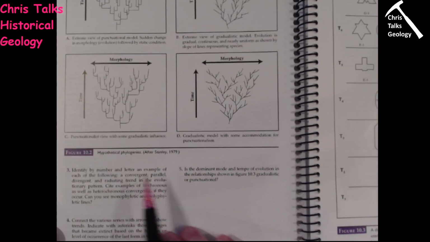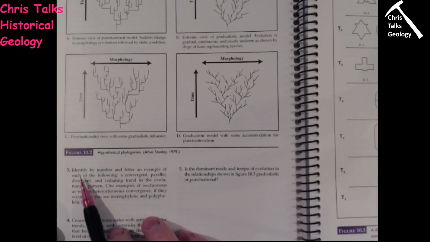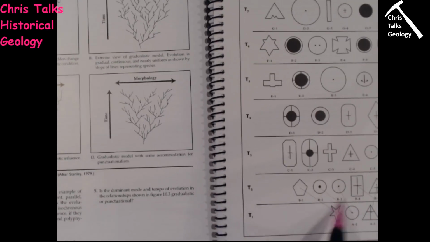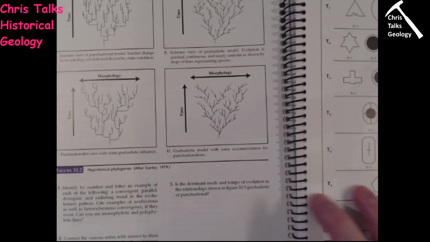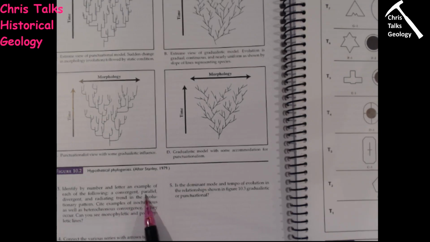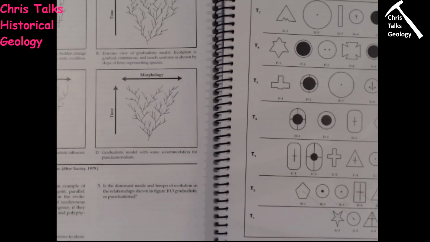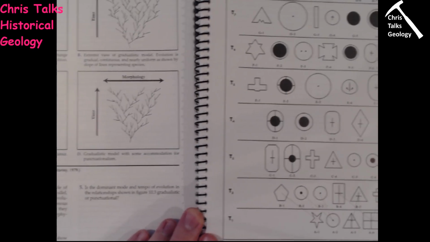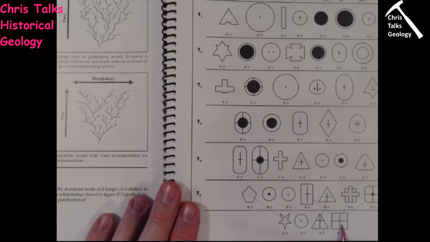Question number 3 wants us to identify by number and letter. Remember, for each fossil there is a letter and number code. It wants us to identify examples of the following: convergent evolution, parallel evolution, divergent evolution, and radiating trends in the evolutionary pattern. For instance, if you wanted divergent evolution, you could say A4.